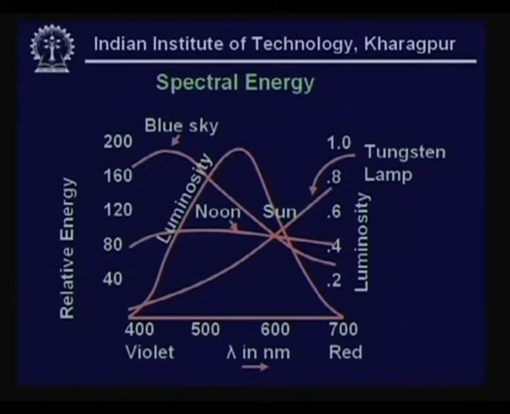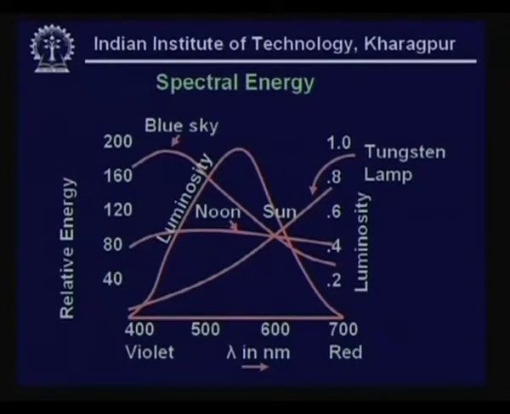The second curve is due to the tungsten lamp, and the third one is due to blue sky. Now, if you consider the noon sun as a base, you find that over the entire spectrum spanning from violet to red, it's more or less the same throughout.